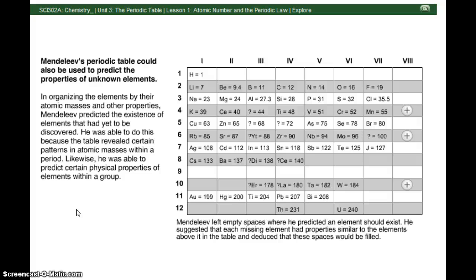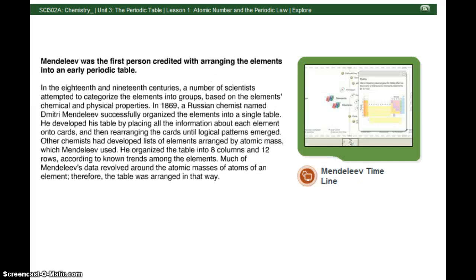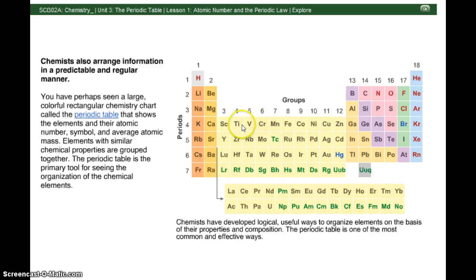Likewise, he was able to predict certain physical properties of elements within a group. So he not only predicted and said, ooh, there's going to be an element discovered and it's going to fit right here. And he described it and he was right. So he was able to predict specific properties of elements, including what the mass number was, how reactive they would be, what they would look like before they were even discovered.